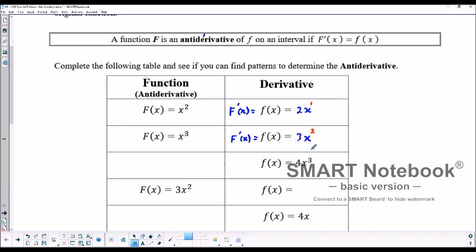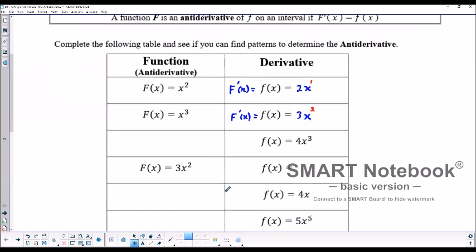If we go the other way, then uppercase F of x is the antiderivative of lowercase f of x. So if when we take the derivative, we subtract 1 from the exponent, then going in the opposite direction, we would be adding 1 to the exponent. So if the derivative is x cubed, then the antiderivative would have to be x to the power 4.